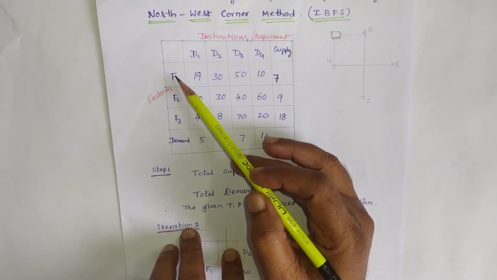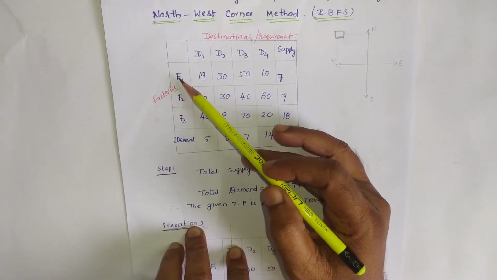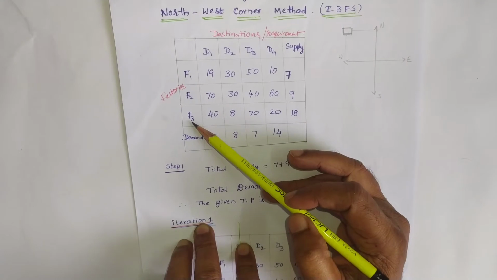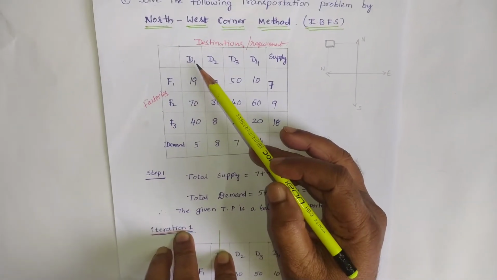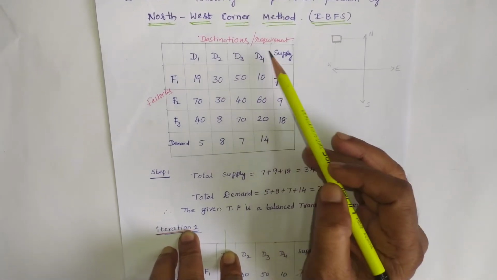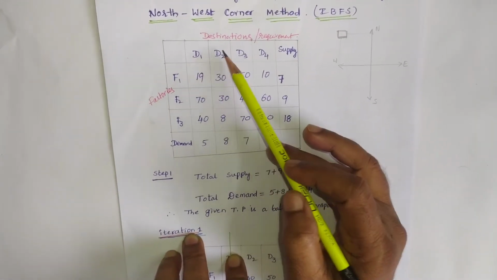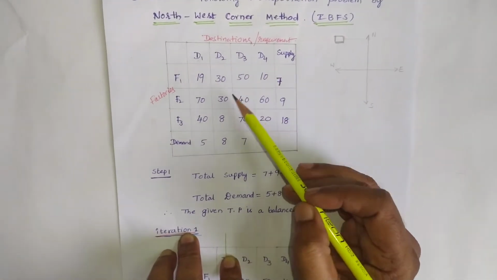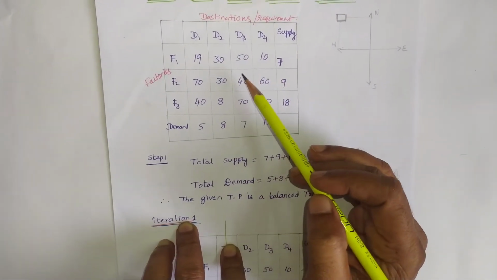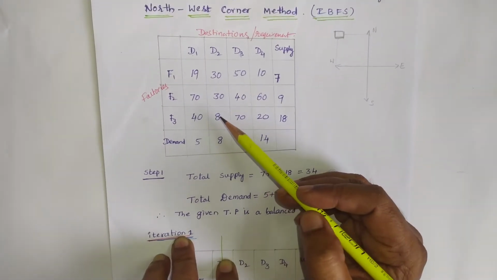Once again, the products are produced in these three companies and transported to the different destinations D1, D2, D3, D4. So here we have to calculate the minimum transportation cost.